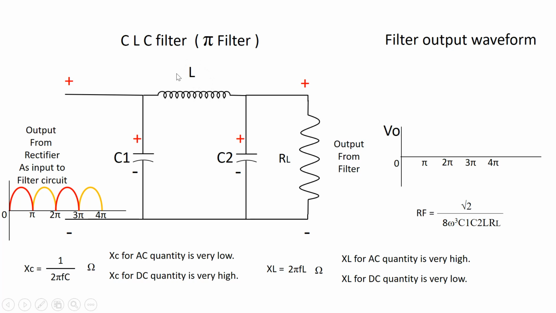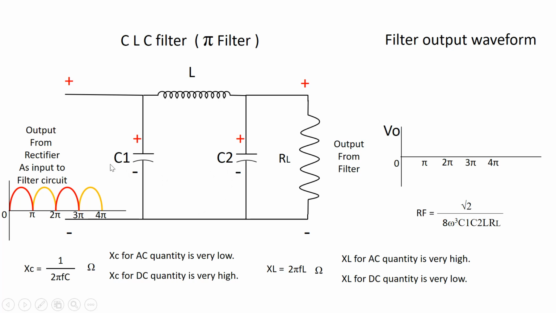As the inductor used may not be a pure inductor, some of the AC quantities will even be passing through it, and those will be again conducted through the lower resistance path of C2.